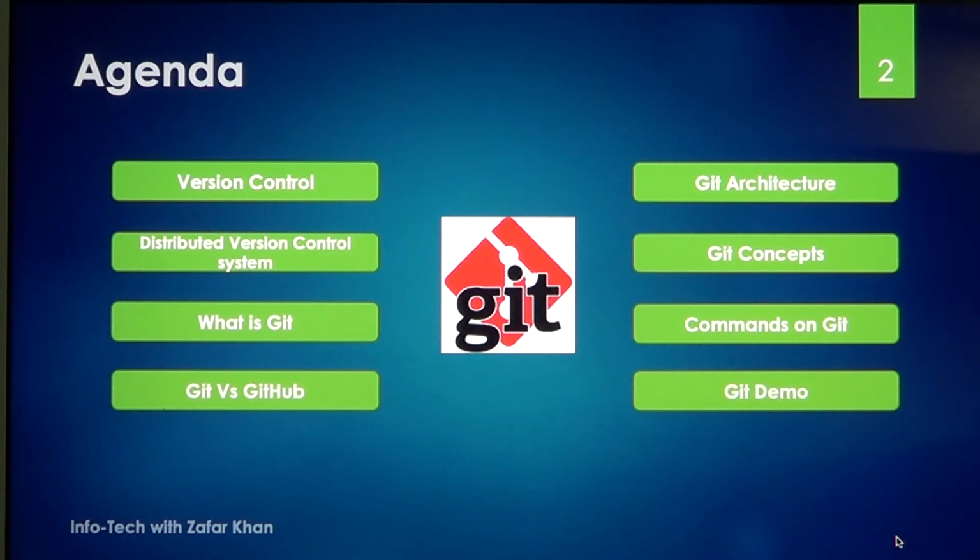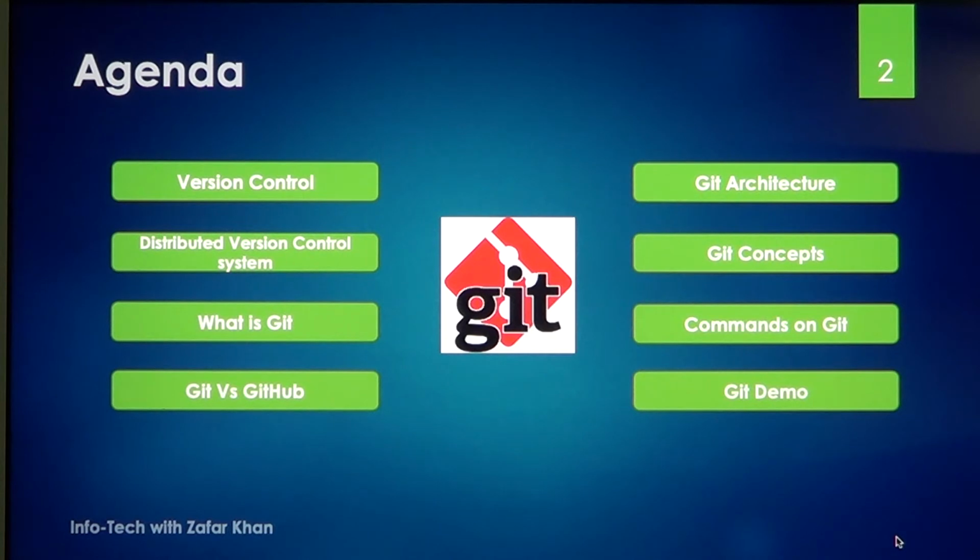Further, we will understand about Git, what is Git basically, and Git versus GitHub, and then we will understand about the architecture of Git, and we'll cover some concepts of Git. Then we will understand the popular Git commands which are going to be used, and finally we will do some demo over here.